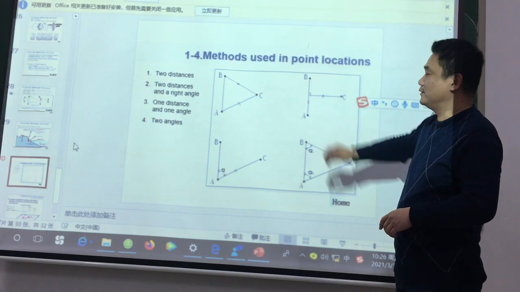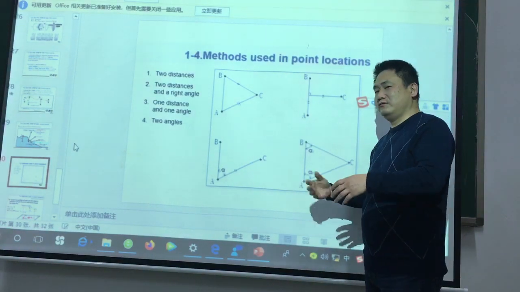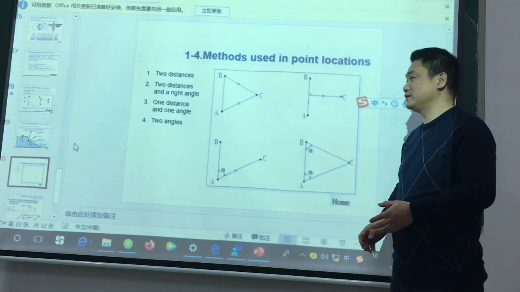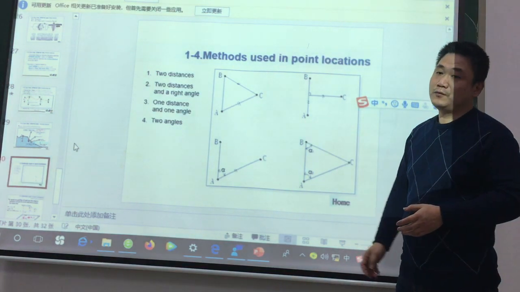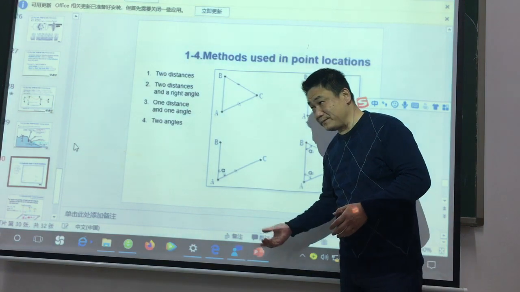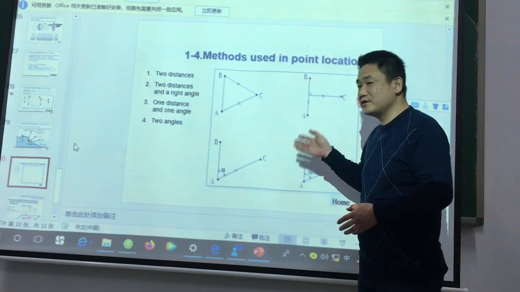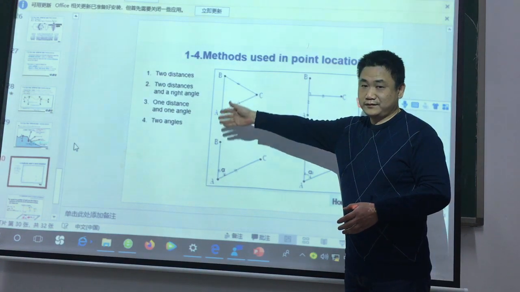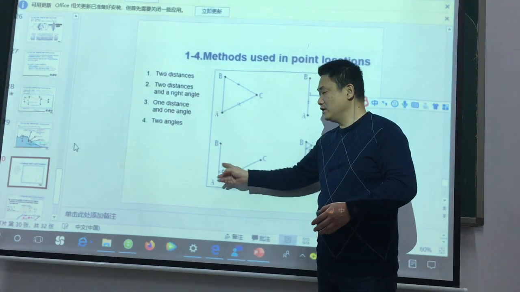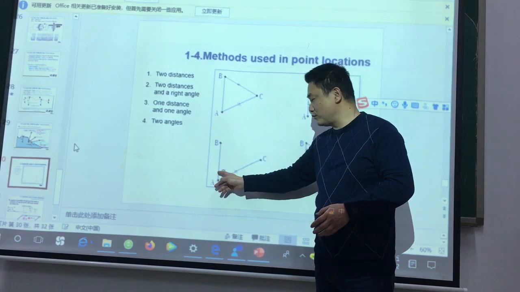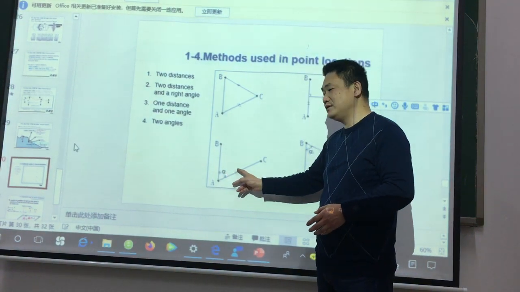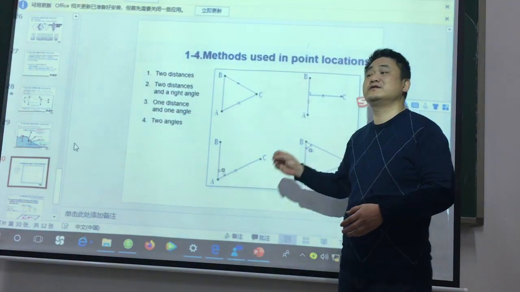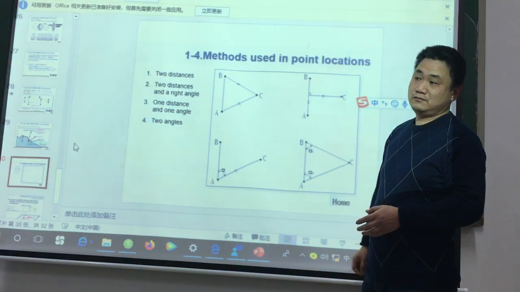Of course, we have other methods to locate points, but this is the most popular, and especially the most important method among these: one angle and one distance. This is the most important method in locating the point location.